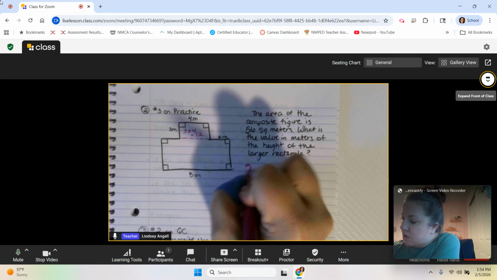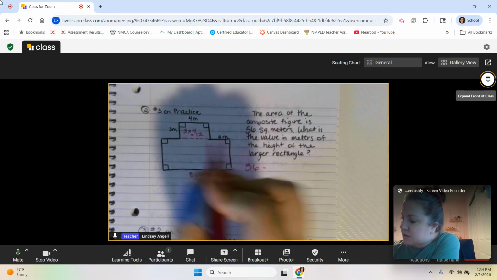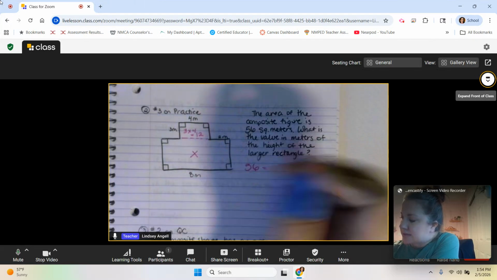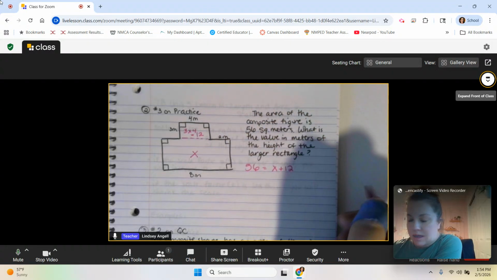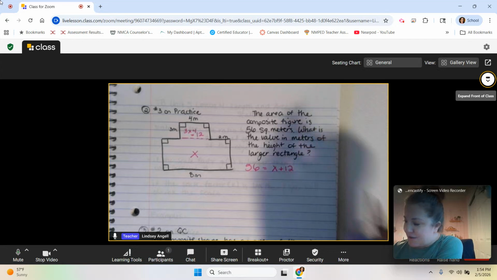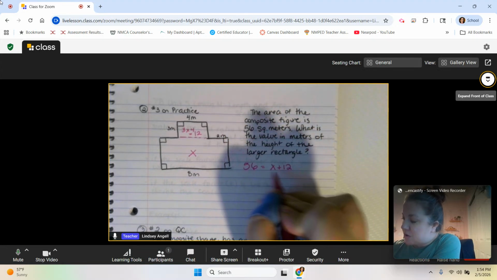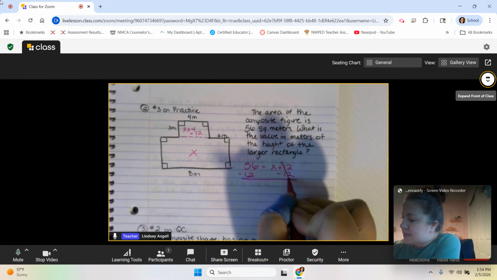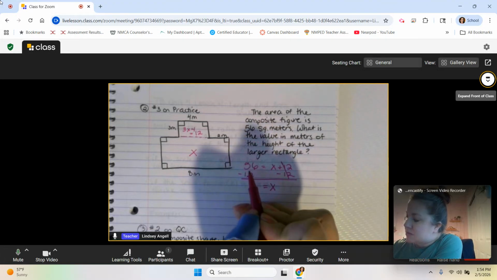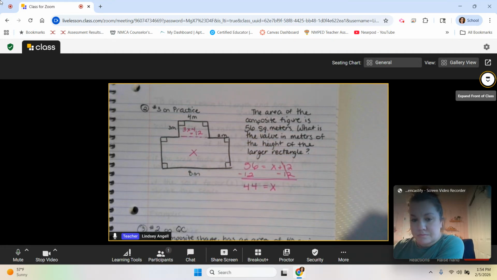So if the whole thing adds up to 56, well then let's call this area x. We would have x plus 12 add up to the total 56. Well, we can subtract 12 from both sides. So x is equal to 44.